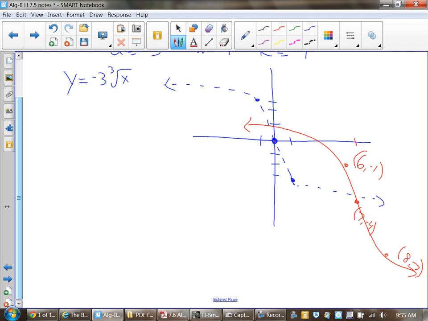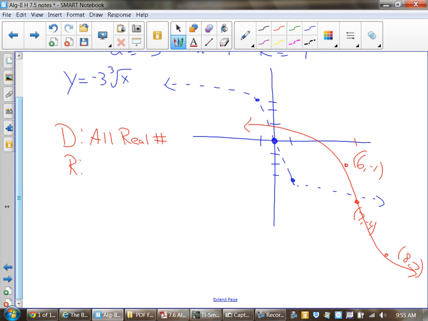Let me ask you this now. In this graph, what's your domain? Is there any value that x doesn't work? No. So in this case, since there's no values of x that it doesn't work, my domain is all reals. What about my range?